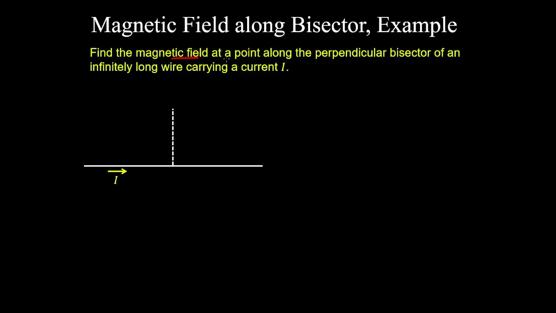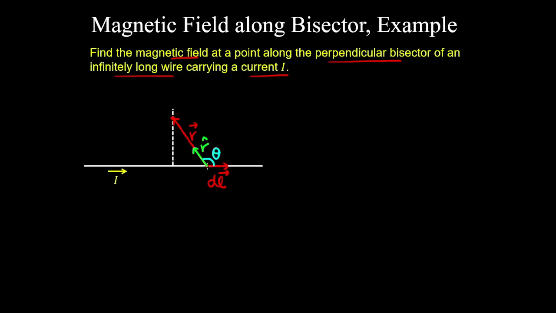Let's find a magnetic field at a point along the perpendicular bisector of an infinitely long wire carrying a current I. So if we take a differential length vector along this wire, dl, and a radial vector to this point along the bisector, then the unit vector to this point we denote r hat, and the angle between these vectors is theta.